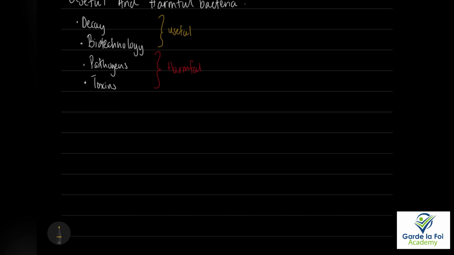Humans have also used bacteria a lot in biotechnology, but there are also harmful bacteria which act as pathogens, causing diseases, causing sicknesses, and toxins. There are some bacteria that secrete toxins that can kill organisms. So that's it on the kingdom Monera, specifically on bacteria.